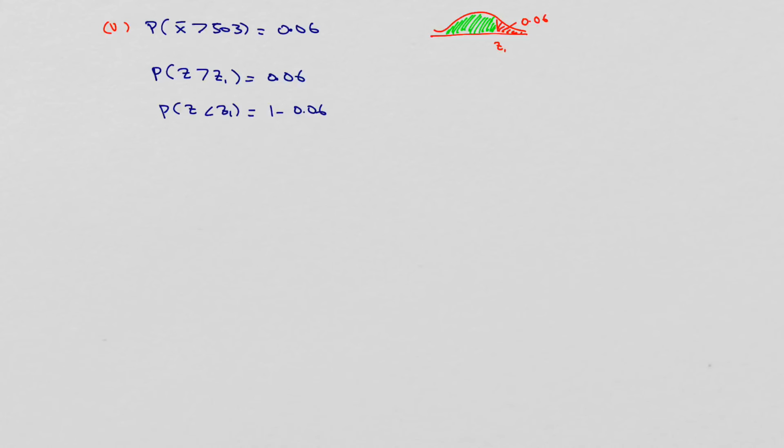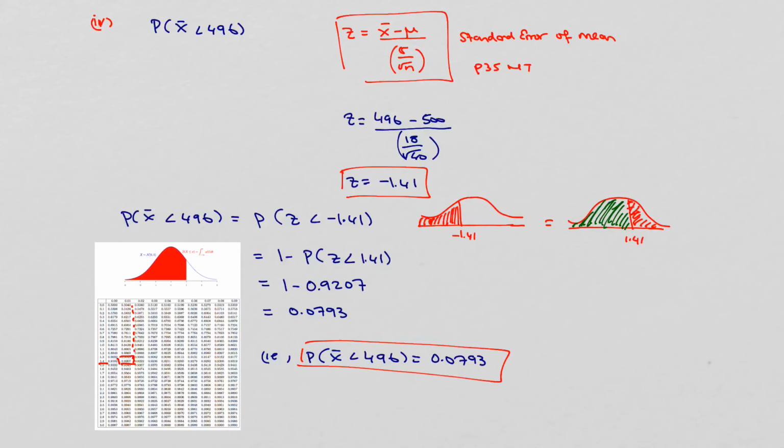Okay, well, if I take that away, what do I get? Well, I get 0.94. And again, if I go back to my tables on the previous page, I'm looking for 0.94. Here we go. 0.9406, so that's 6 above.